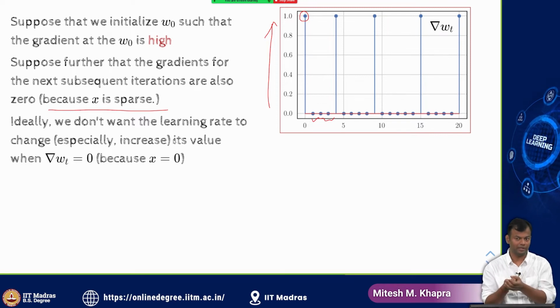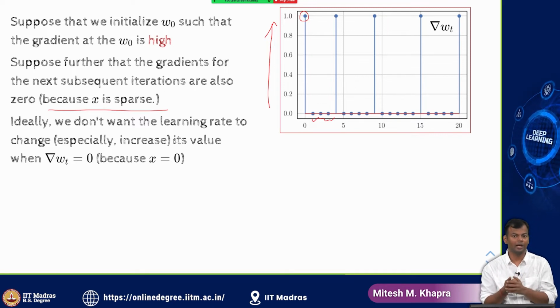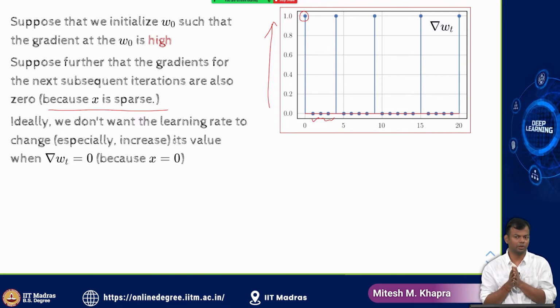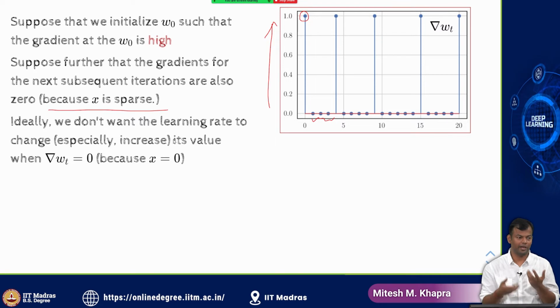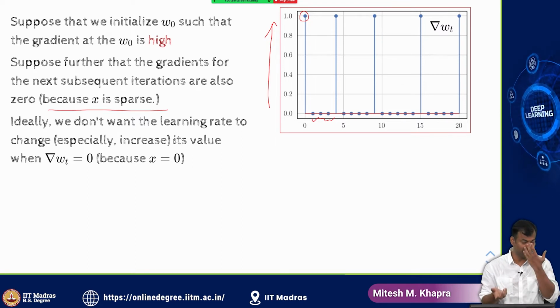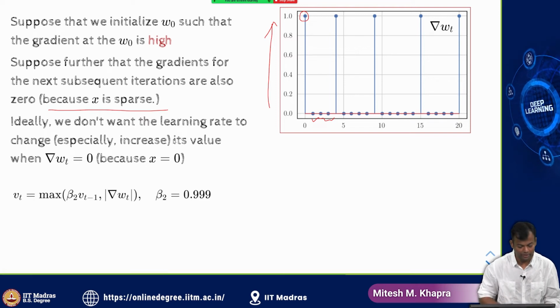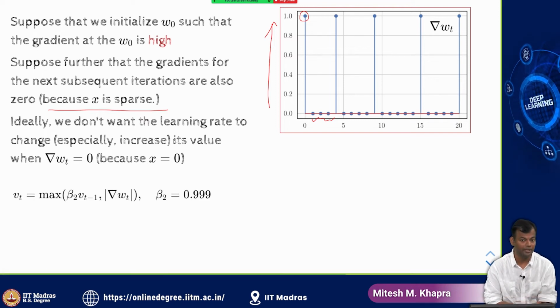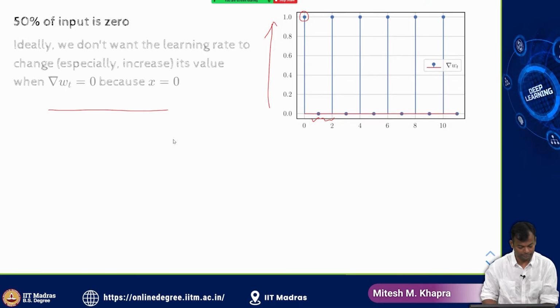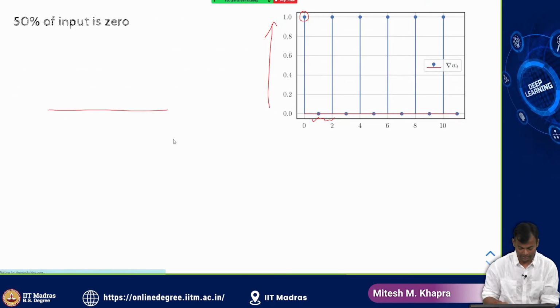So now you have looked at an update and your gradient was 0, you are in this time step and your gradient is 0. You don't want to do anything to the learning rate, right? Why do you want to change the learning rate at this time step? Because you are not doing anything, you did not get any update. But now in the case of the max value, this is what will happen: it will not change.